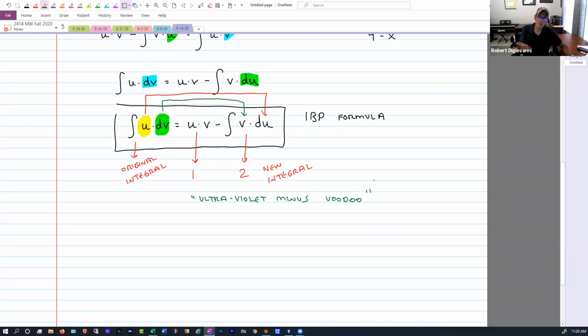That's the way it was taught to me, and a lot of Cal 2 students learn this. It's the right-hand side of the integration by parts formula. It's ultraviolet minus voodoo, all right? Now you have to remember the integral sign: ultraviolet minus the integral of voodoo.